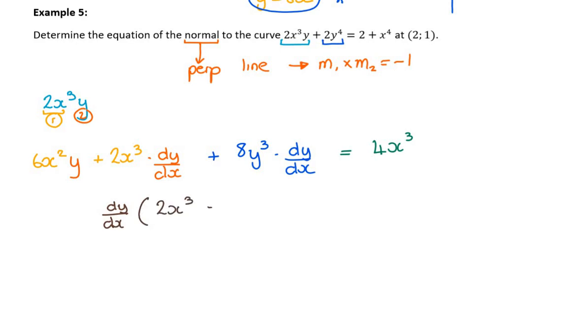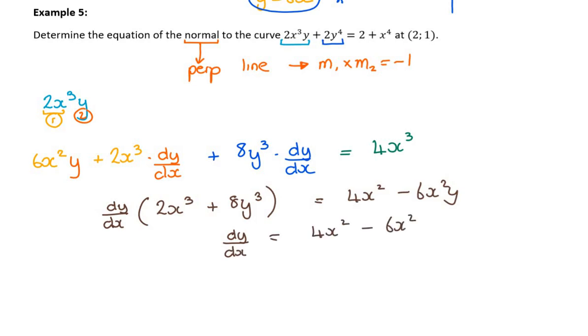So I'm going to factorize out my dy dx. I'm going to take everything else to the right hand side, and I finally have isolated dy dx because it's 4x cubed minus 6x squared y divided by that bracket.